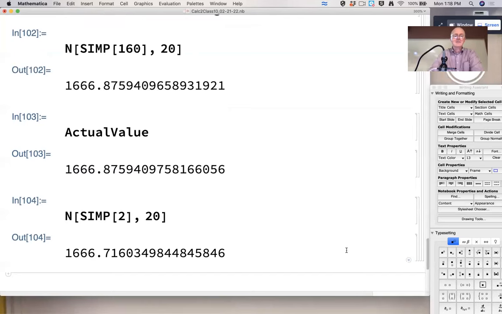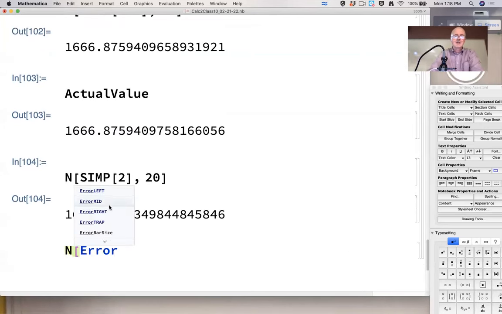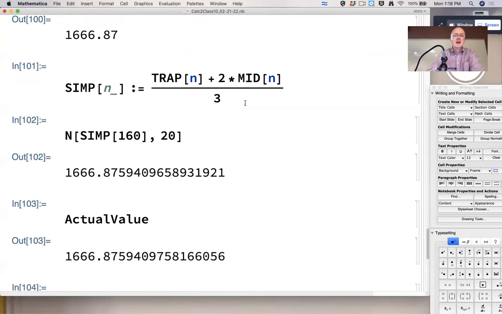What happens to the error in Simpson's rule? I haven't defined that yet. Error in Simpson's.